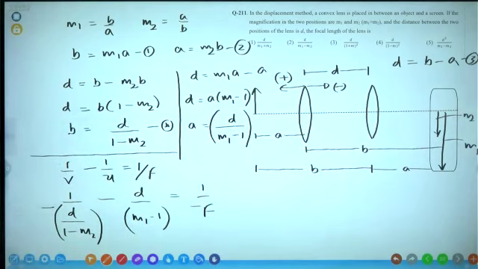Then multiply the whole equation by minus; minus, minus cancel, becomes plus.